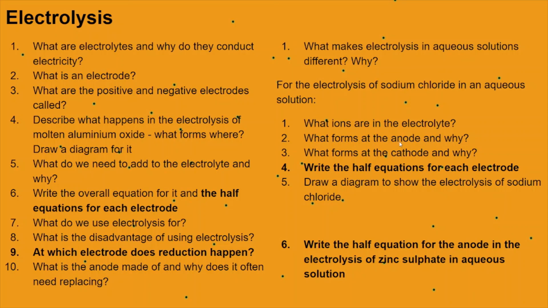So at the anode, the positively charged electrode, we get the negatively charged ions. So we could have chloride, or we could have our OH- ions from the water. How do we know which one? Well, if a halide is present, that's what we call halogen ions, halides.